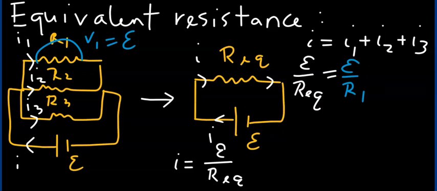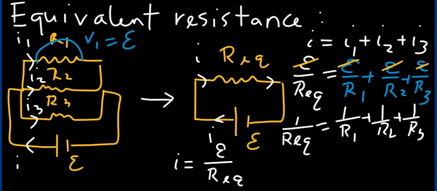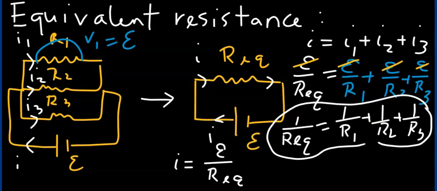And the same goes for all the other currents, E over R2 plus E over R3. So the E's will cancel and will give you the following result for the equivalent resistance of this circuit. 1 over Req equals 1 over R1 plus 1 over R2 plus 1 over R3. So this is how you combine resistors in parallel connection.